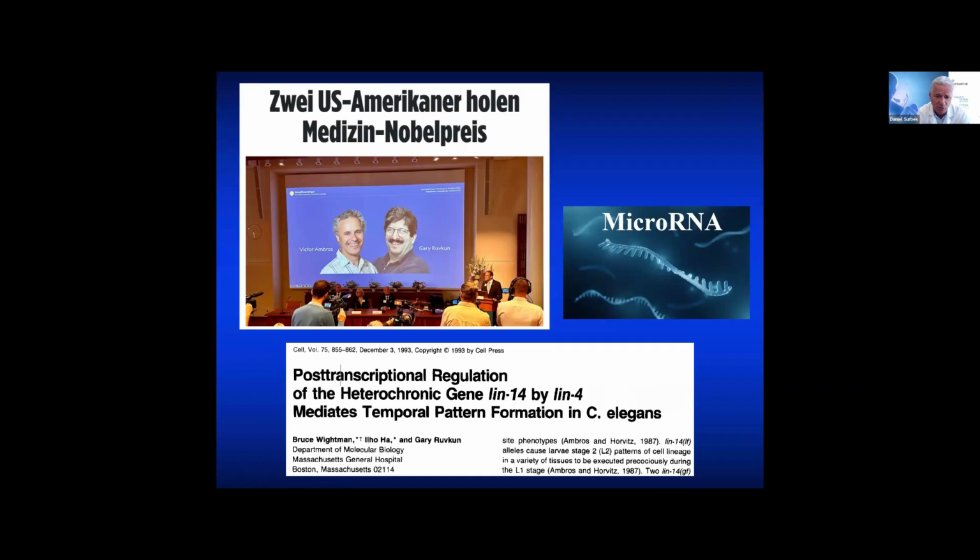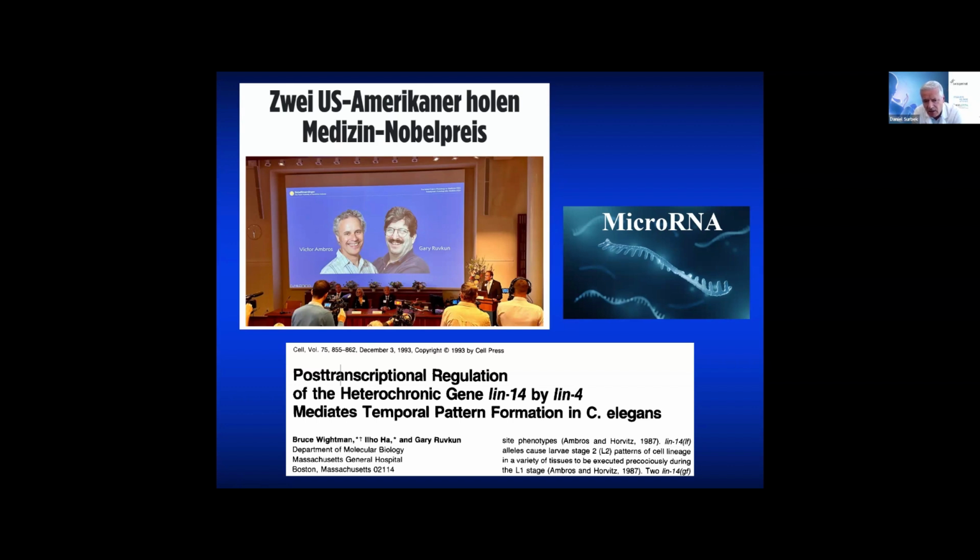And as you remember, 2 years ago, Victor Ambros and Gary Ruvkun obtained their Nobel Prize in medicine and physiology for the detection and definition of microRNA with this publication at the time in Cell. And this was, as you can see here, over 30 years ago, until it made it to the Nobel Prize.